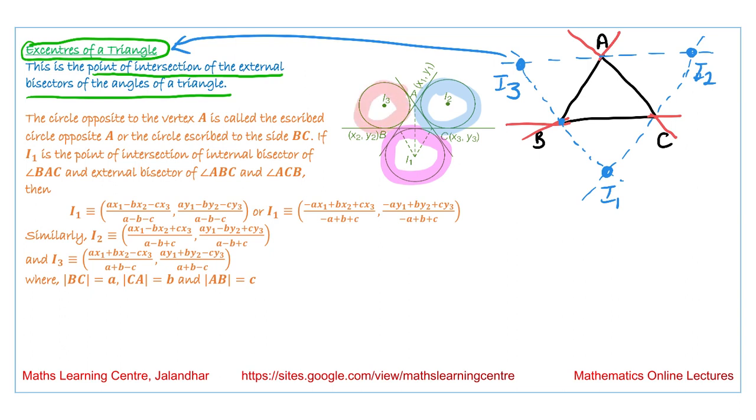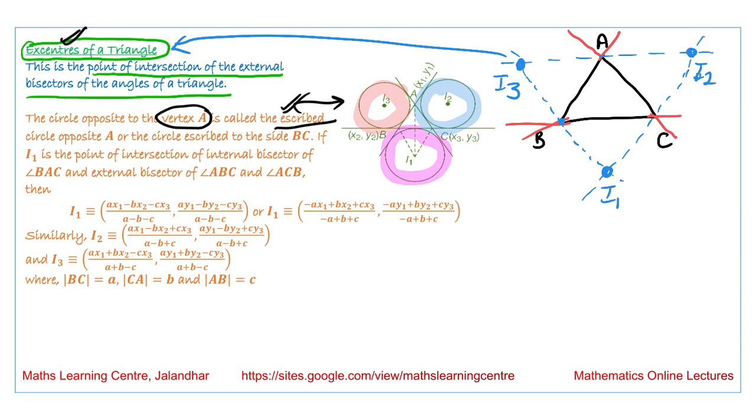These three circles that we have drawn with the centers I1, I2, I3 are called escribed circles. The circle opposite to the vertex A is called the escribed circle opposite to A. So these are the two terms we have. One is excenter, and the corresponding circles are the escribed circles.